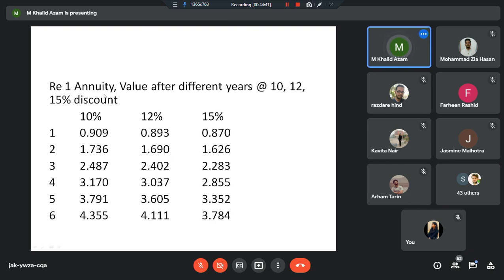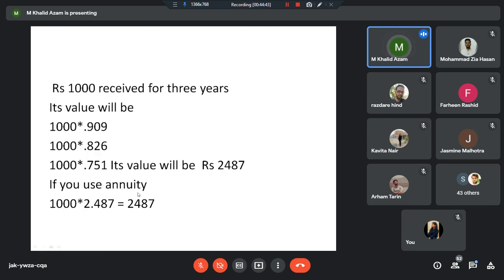So here, annuity value. Now coming to see what we are doing. 1000 received for 3 years. So the 1 rupee value for the first year, second year, 3 years, total is coming 2.487. If you are using the annuity, simply 1000 multiplied by 2.487. So it is giving you the simplicity of calculation, the simplicity of multiplication.